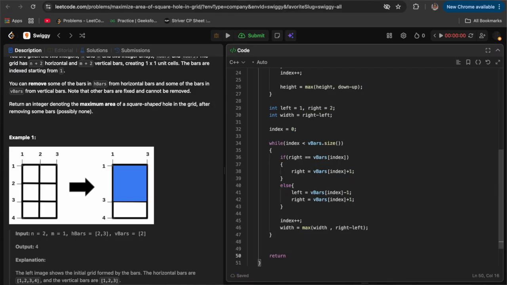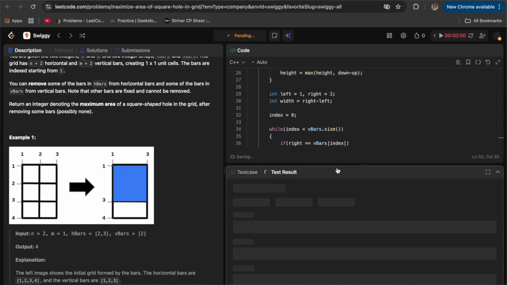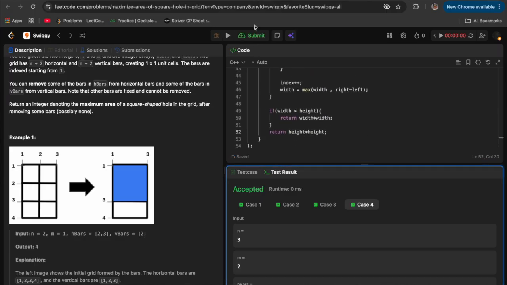So I'll check first if my width is less than my height, then return width cross width, otherwise return height cross height. Okay, then we'll run it and we'll submit it.